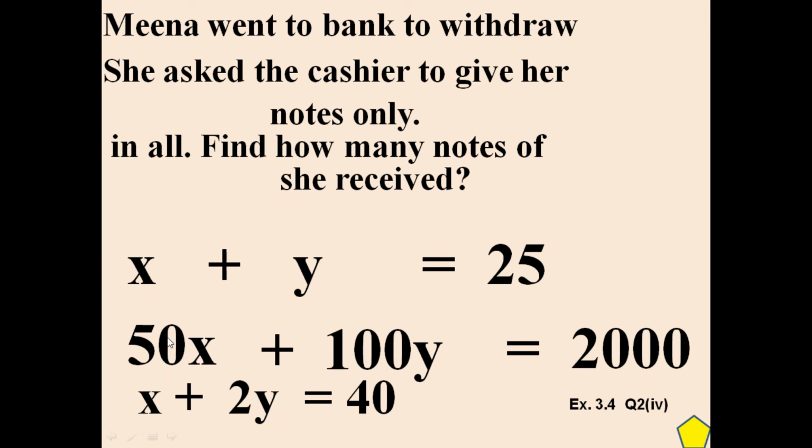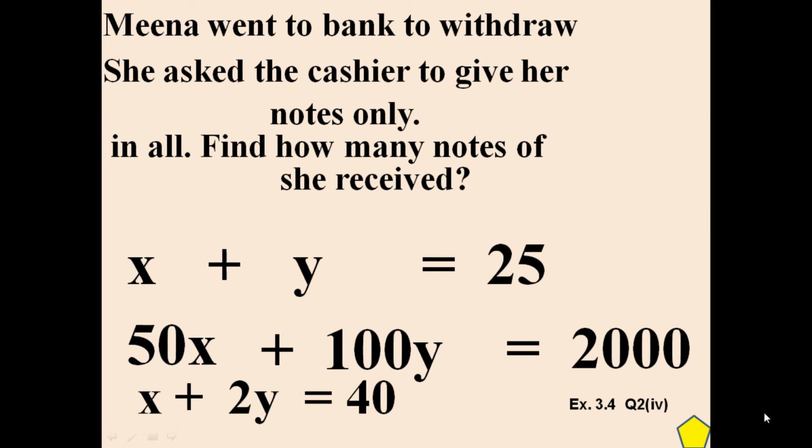This divided by 50 gets x, this divided by 50 gives you 2y, and this divided by 50 gives you 40. So equation number 1, equation number 2, we will solve and find how many notes of 50 and how many notes of 100 she got in the total amount of 2000 that she received from the bank.